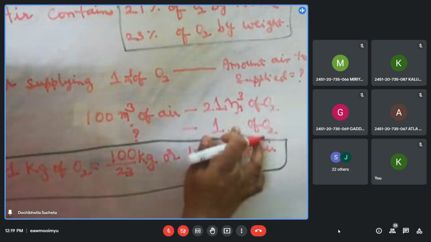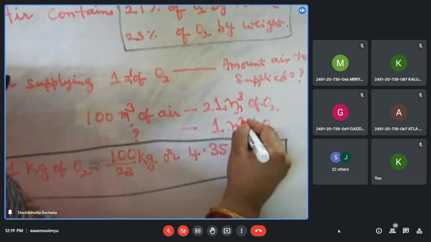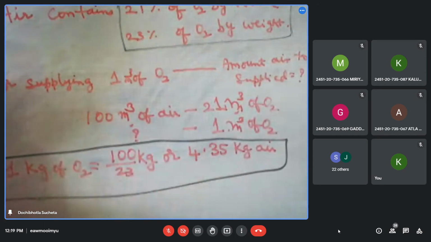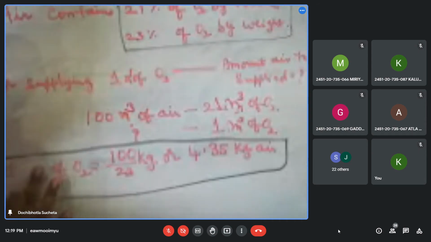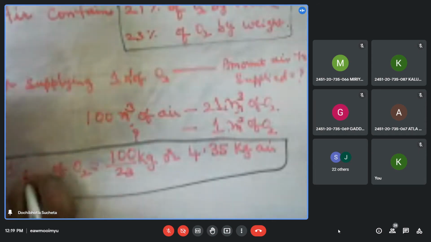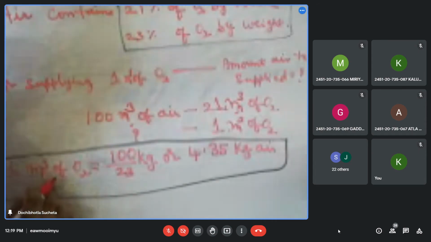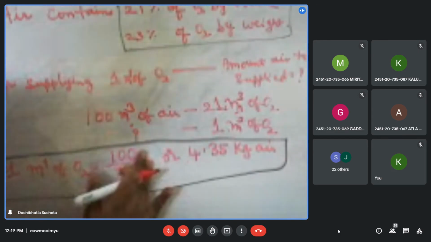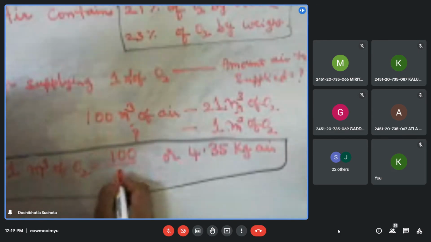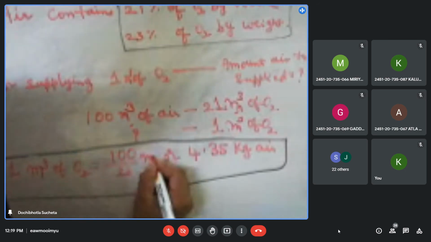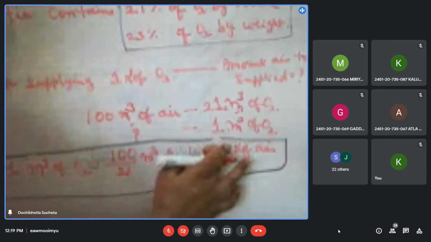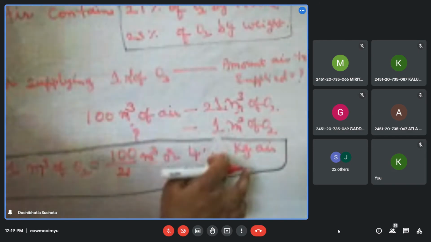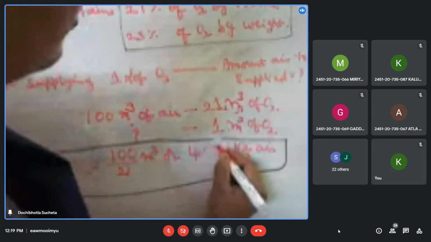So for 1 meter cube of oxygen, this is volume of air, how much amount of air has to be supplied? For 1 meter cube of oxygen to be supplied, I need to supply 100 by 21 meter cubes volume of air, which will be 4.76 meter cubes.